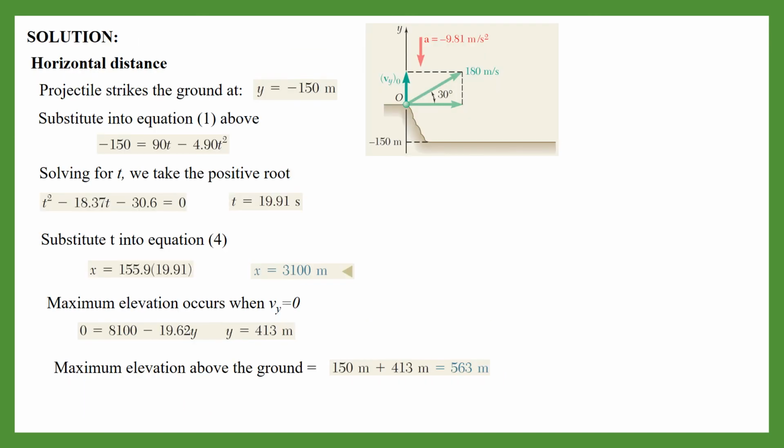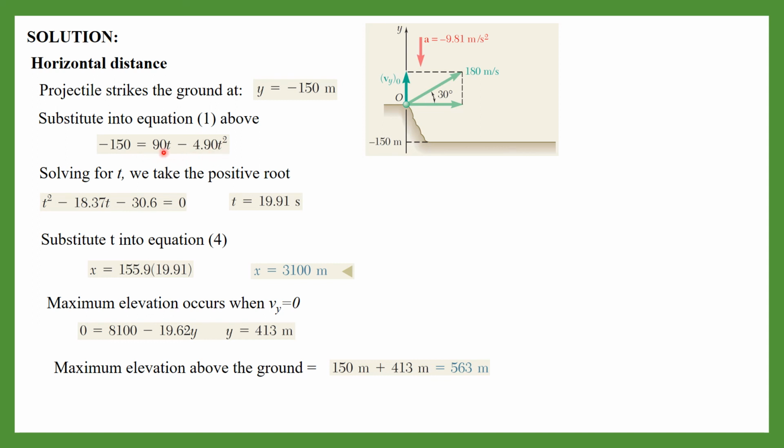Now let us move further to the solution. We know that the projectile will hit the ground at this location, which is minus 150 meters from the origin. So we put this value in the equation of y, so y is minus 150.